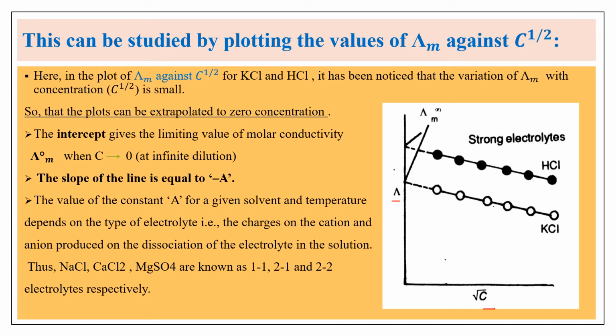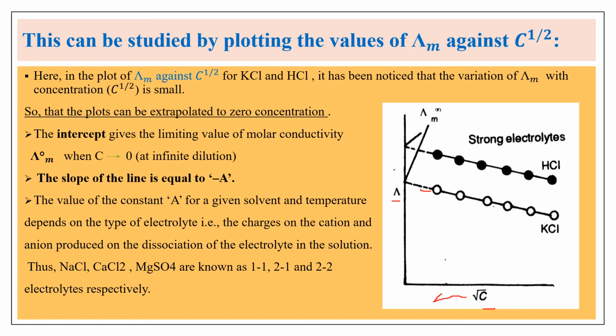Since the variation is very small, molar conductivity increases slowly on dilution. It means with respect to concentration, it decreases slowly. So there is a small variation with concentration, so we have to extrapolate the graph to 0 concentration.